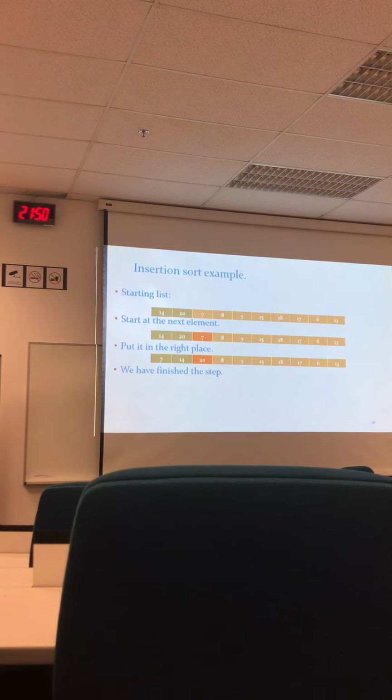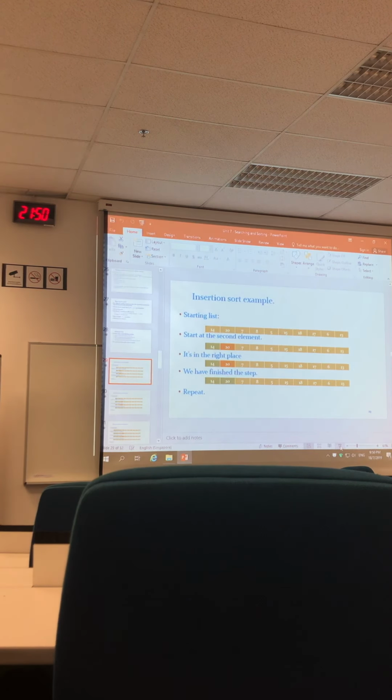Okay? So if you are asked to show the result of every step of insertion sort, that means for the first step you have to show this, to indicate that these two are sorted. For the second step, you will have to show this.